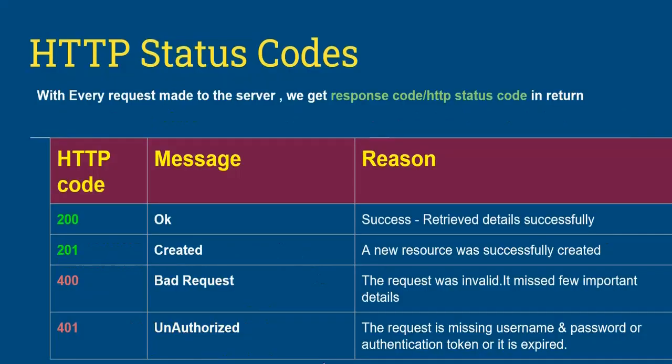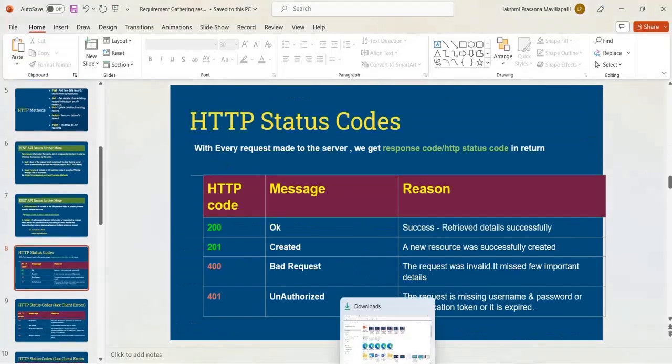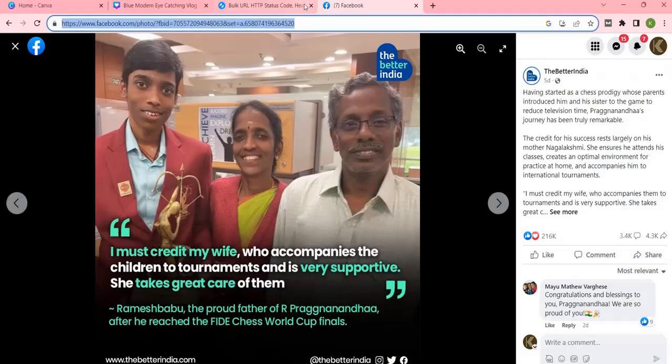Now it's time to understand different status codes. With every request we trigger to the server, we will get a response code, or HTTP status code, in the response. Once we hit any resource, that thing is not visible here.